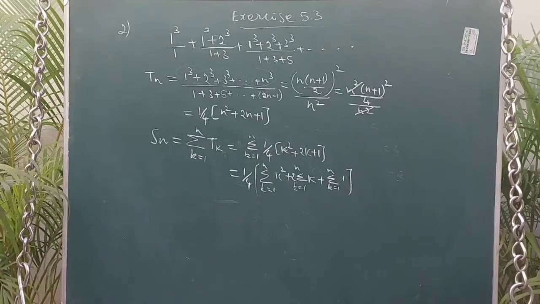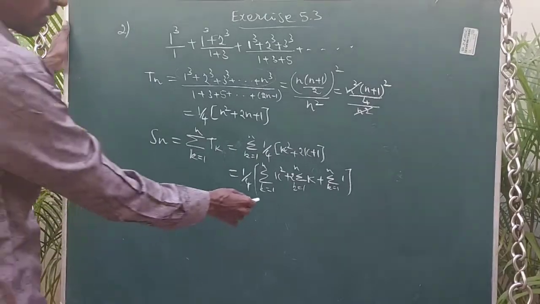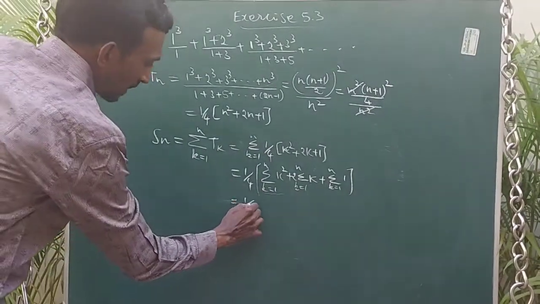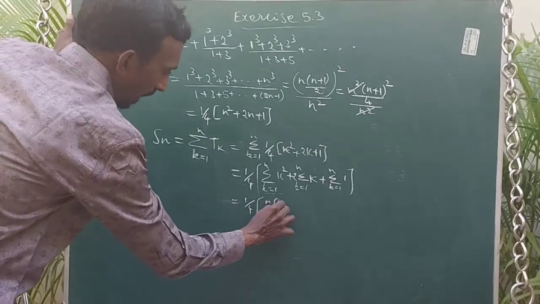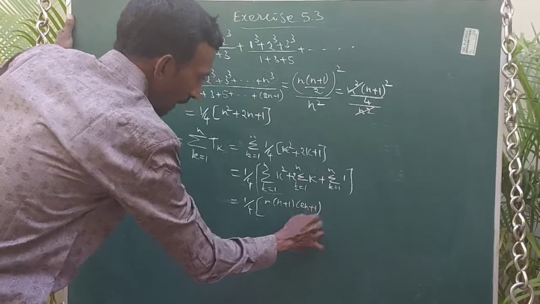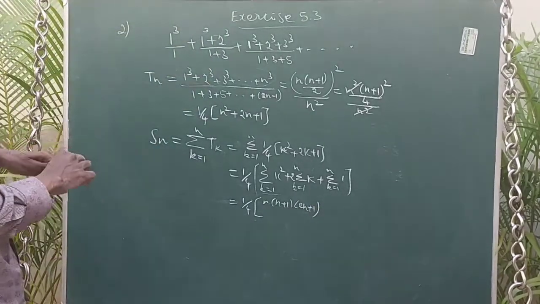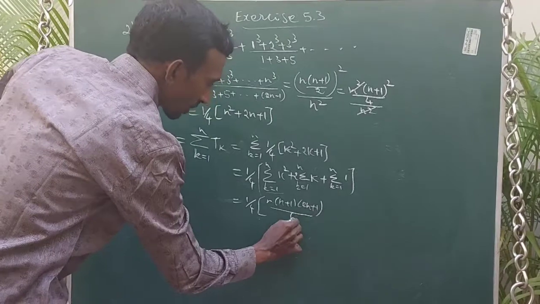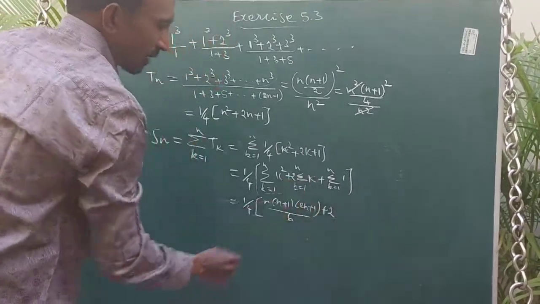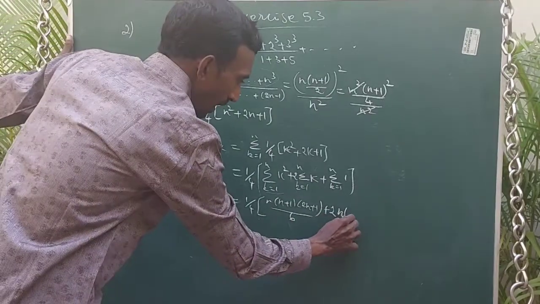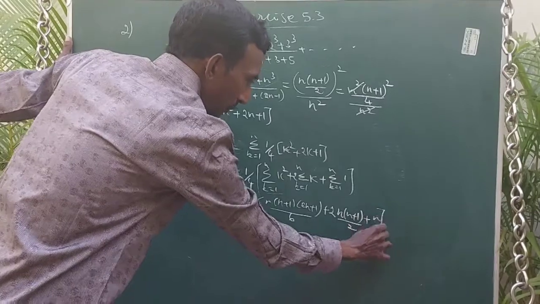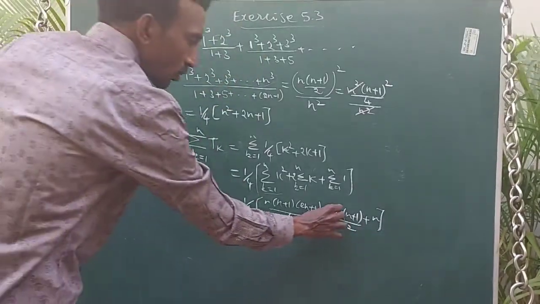The first one, sigma k square, means the sum of the squares of the first n natural numbers. We already know that is n into n plus 1 into 2n plus 1 by 6. The sum of the first n natural numbers, sigma k, is n into n plus 1 by 2, and the last one is n. Now these two cancel.